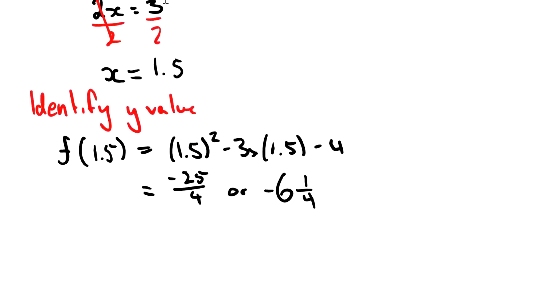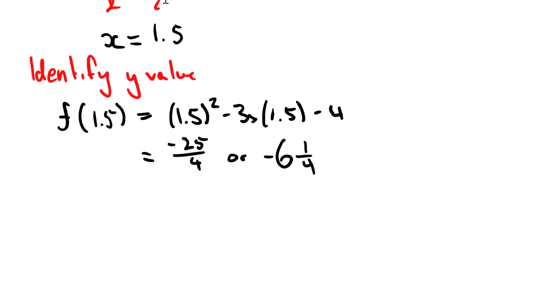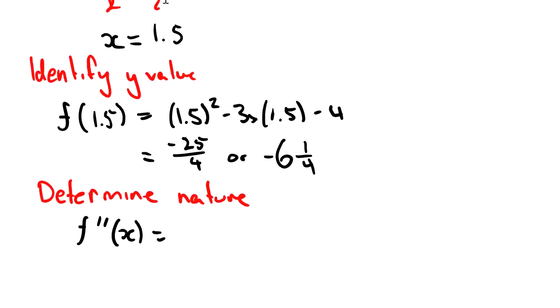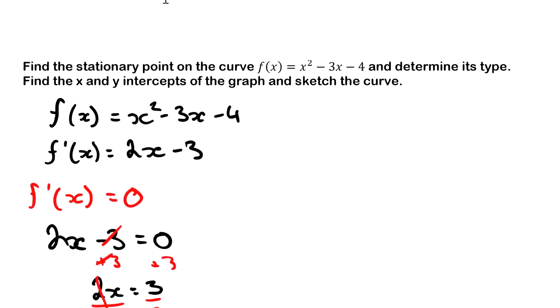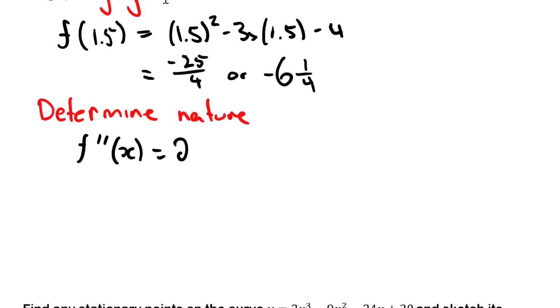Now that we've got that, we need to determine the nature of this. What is it, a minimum, a maximum? So we need to find our second derivative. If we go back to the first derivative, which was up here, we're just differentiating that, and differentiating that equals 2.